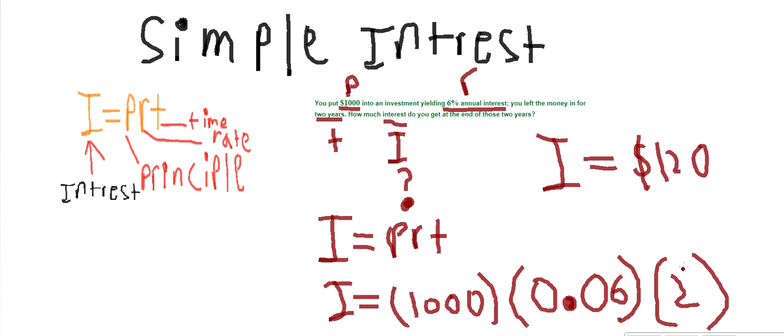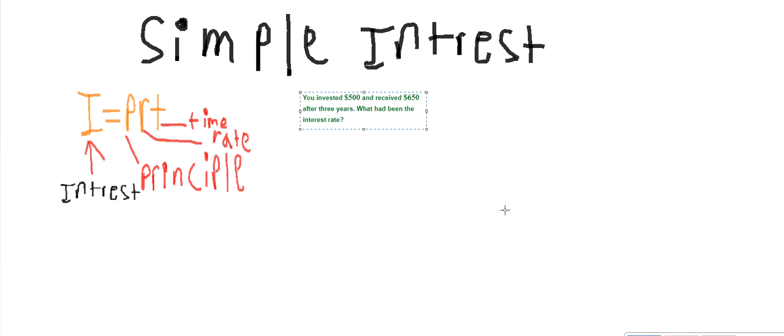Let's do another one. So the next problem. You invested $500 principal and received $650 after 3 years, time. What had been the interest rate?